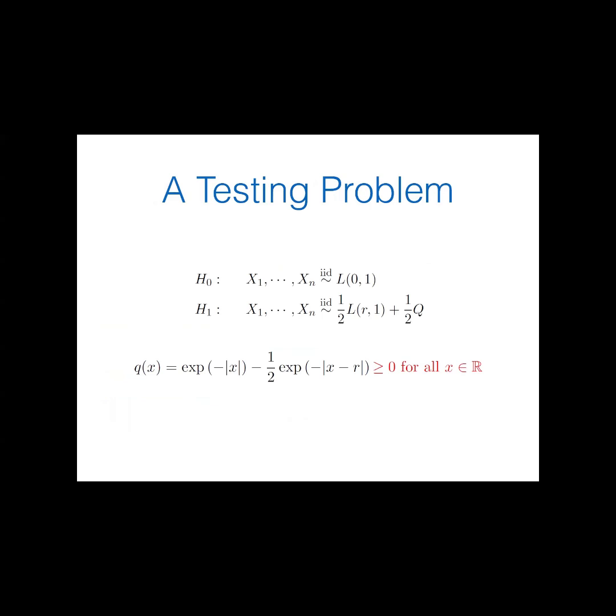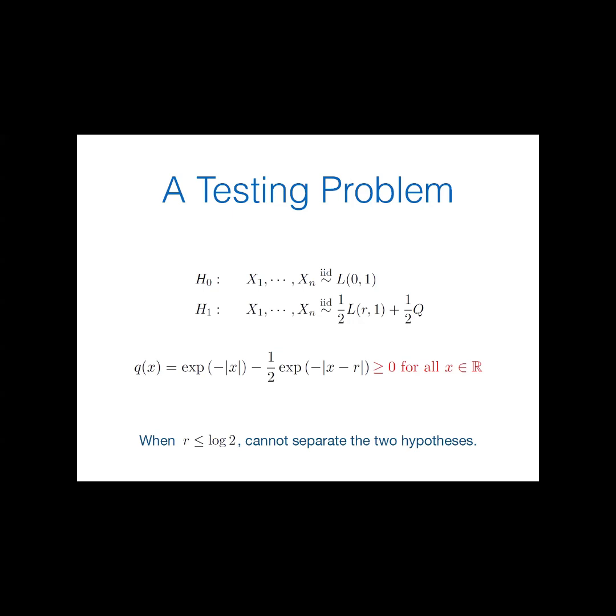Because the solution to the equation that null equals alternative, which is this formula, is a valid construction of a density function. It stays positive for all x as long as r is bounded by log 2. And log 2 is a constant. That's why you cannot do better than constant.